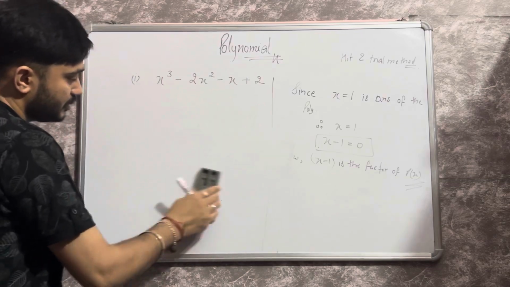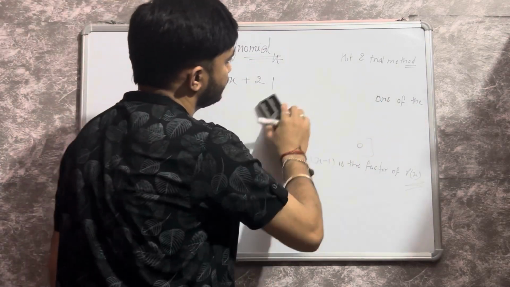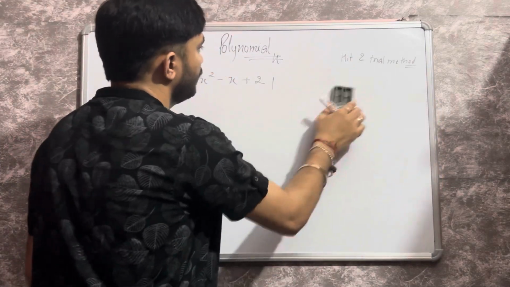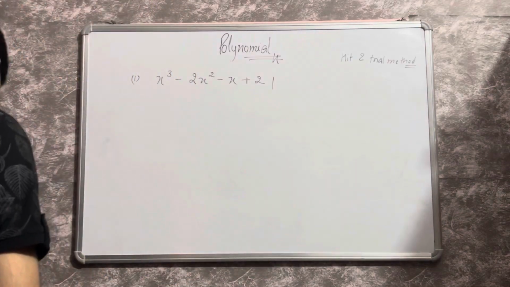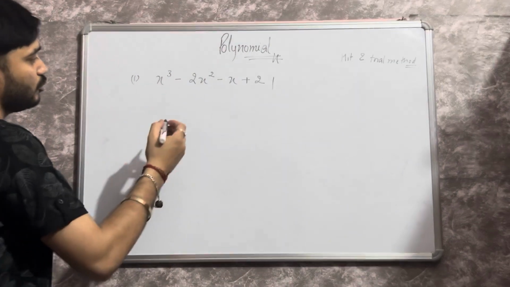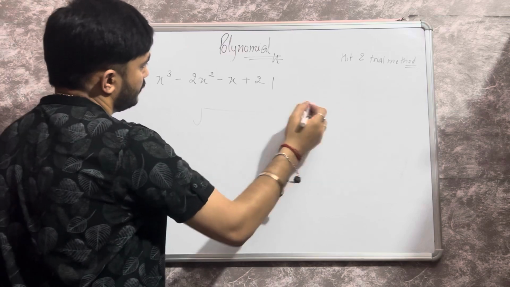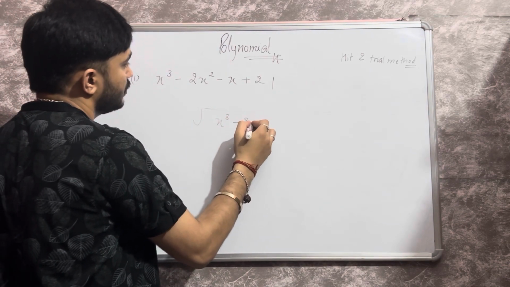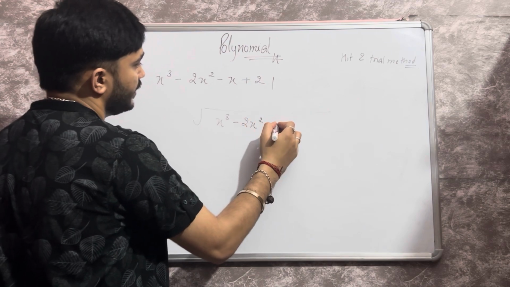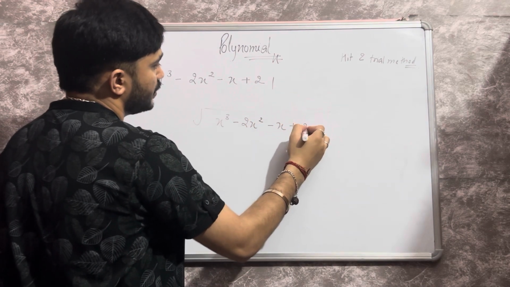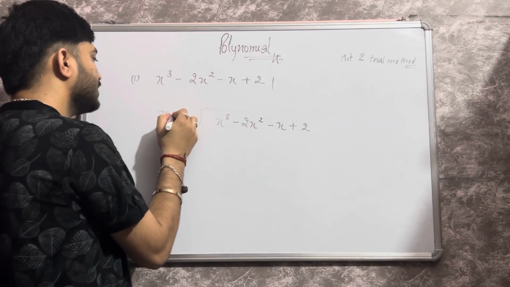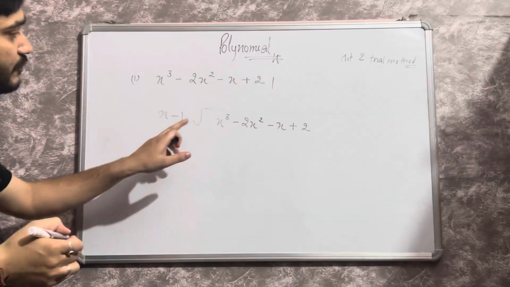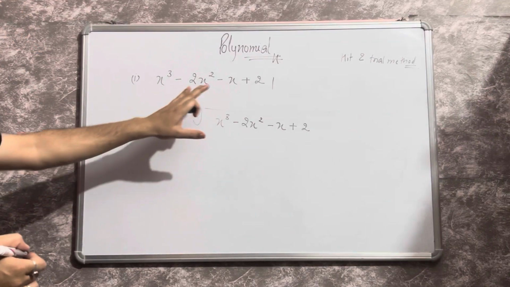Let us solve further. Now, what will be your next step? You are going to divide x cube minus 2x square minus x plus 2 by x minus 1, which is the factor of our polynomial.